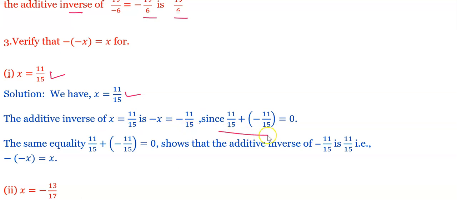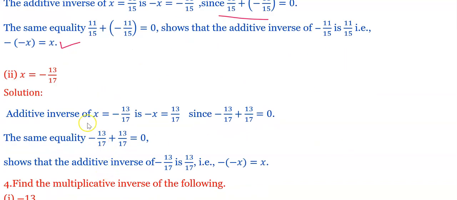And if we add them, then you will get 0. The same equality: 11 upon 15 plus (minus 11 upon 15) equals 0. And this shows that the additive inverse of minus 11 upon 15 is 11 upon 15. That is, minus of minus x equals x.